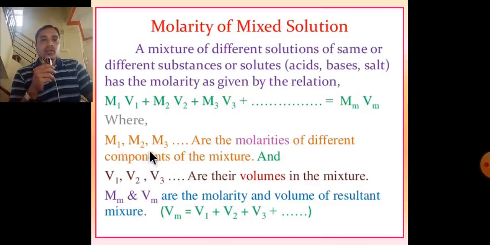Here m1, m2 are the molarities of the different components of the mixture, and v1, v2, v3 are the volumes in the mixture. mm and vm are the molarity and volume of the resultant mixture. Therefore vm is equal to v1 plus v2 plus v3 and so on, the volumes of the solutions.